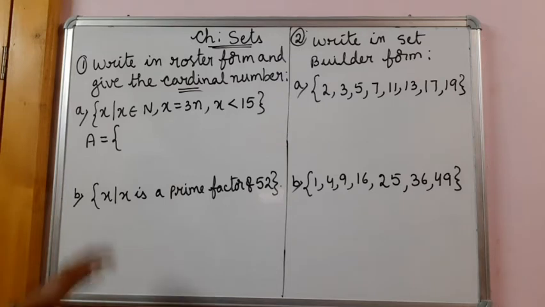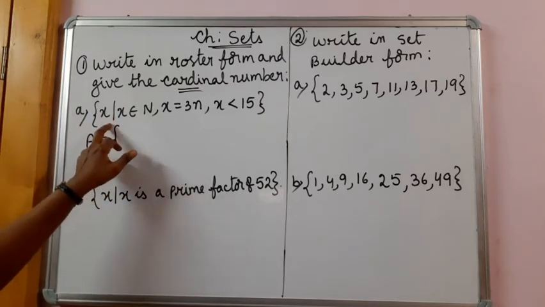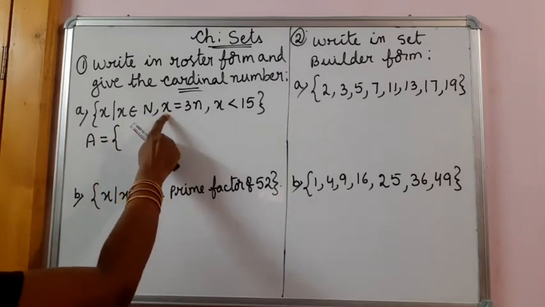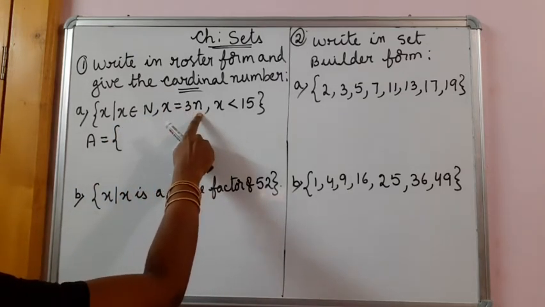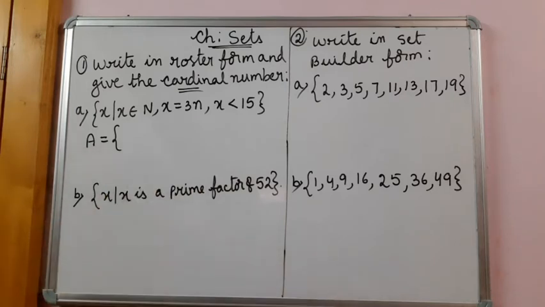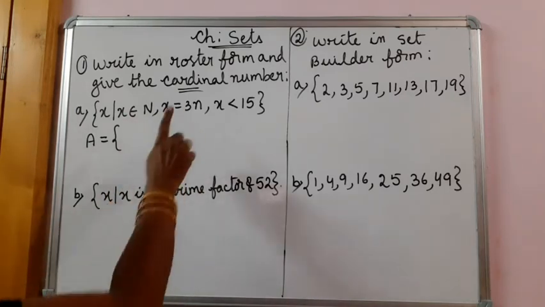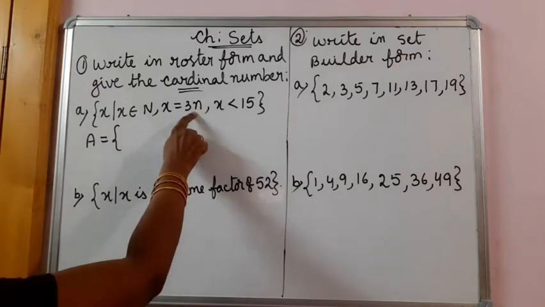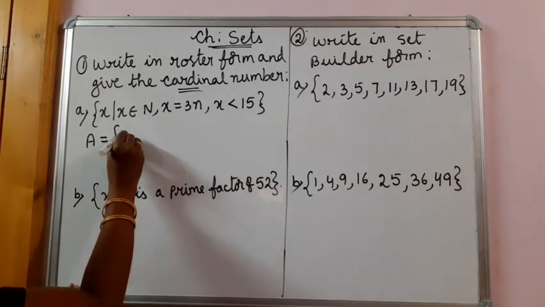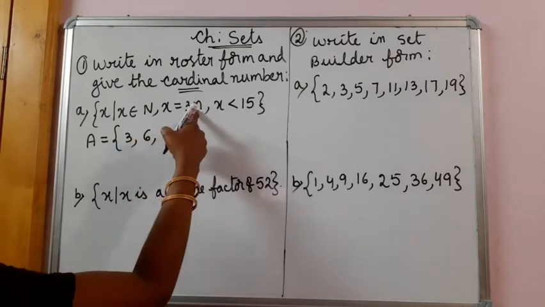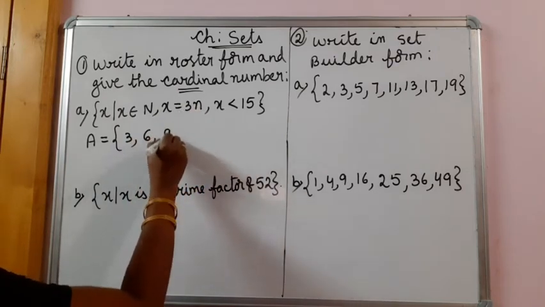This set has x such that x belongs to natural numbers and x is equal to 3n. 3n means multiples of 3. If n is 1, 3 1s are 3, x value 3. If n is 2, 3 2s are 6. If n is 3, 3 3s are 9.